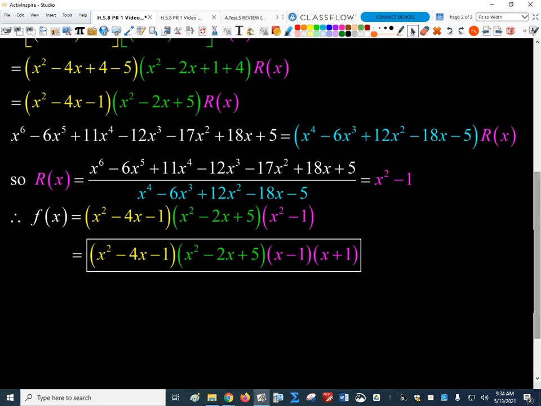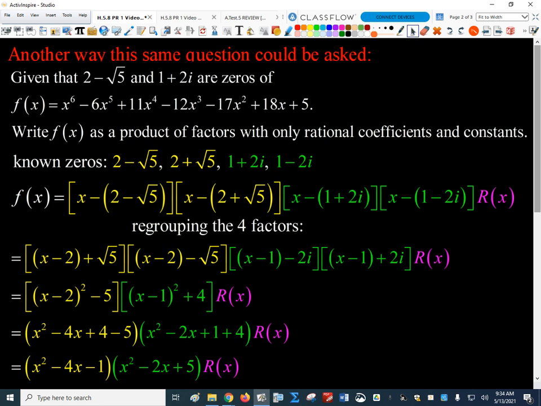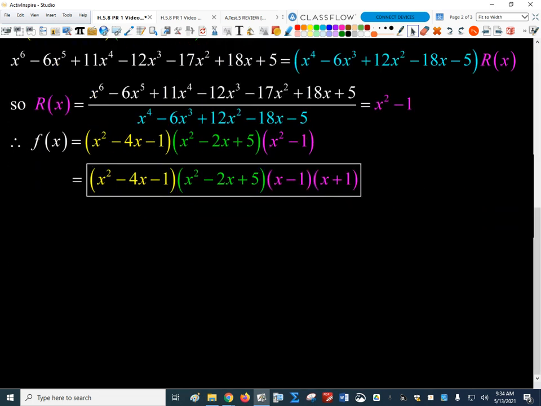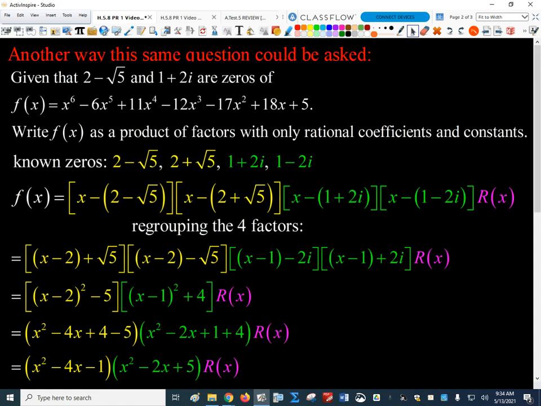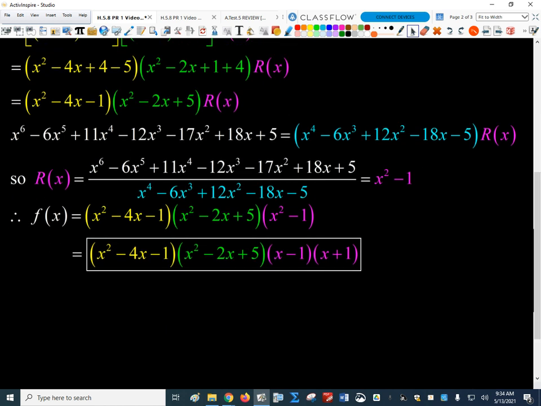There's our yellow factor that we built from the 2 yellow zeros that we started with. We've got the green quadratic factor that we built from our imaginary zeros. And then we've got this x squared minus 1, a difference of squares that we can break down conveniently. Okay, so that's what our answer would look like. Give me thumbs on that. How we doing? Okay, good stuff.